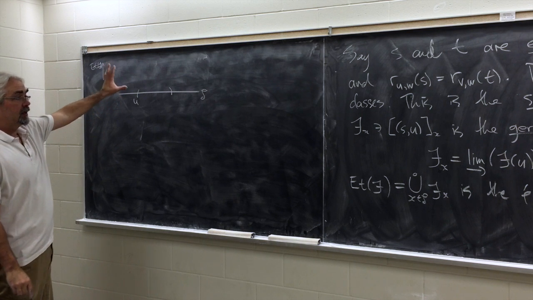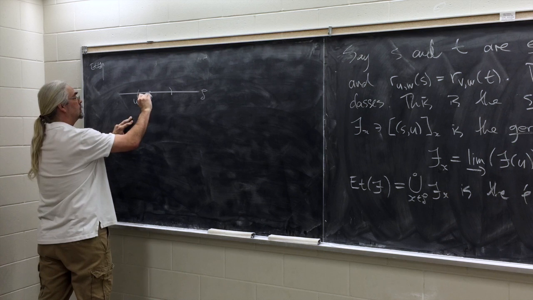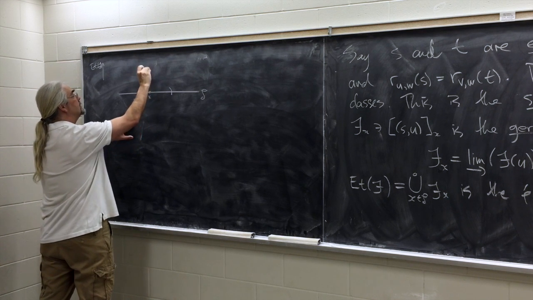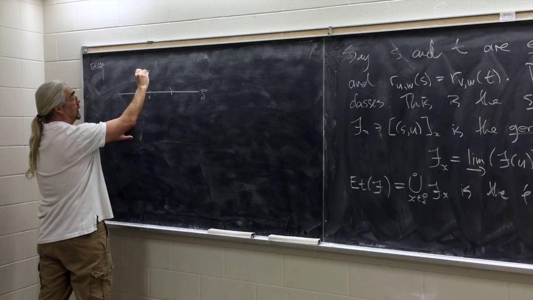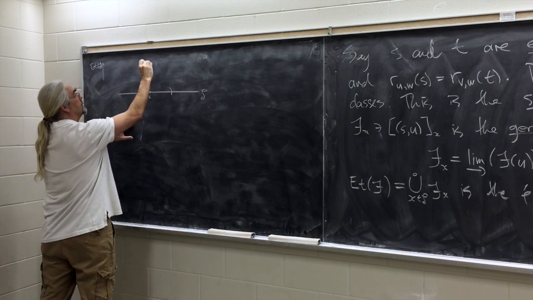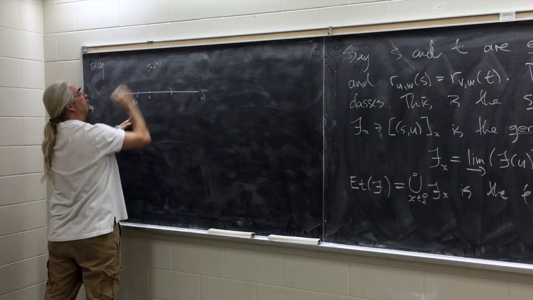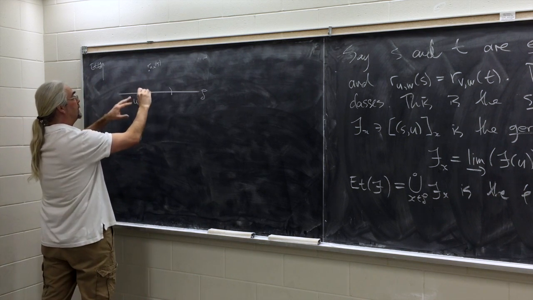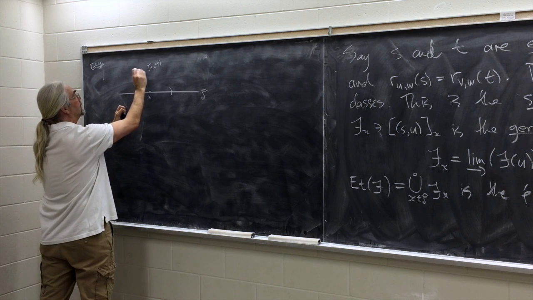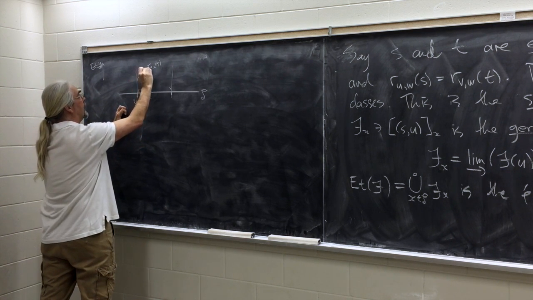This takes a section, and at a point x it assigns the germ of your section at that point. So you take r_U,x of s, and s is fixed, you do this at every point, and so you get some germ, and you can think of drawing the graph of the germ.